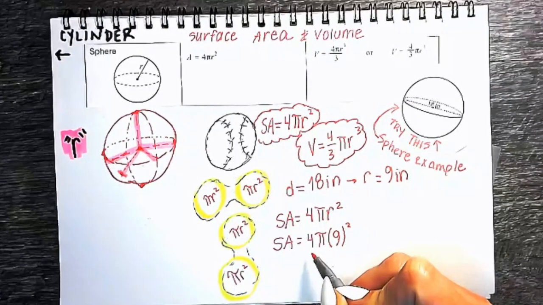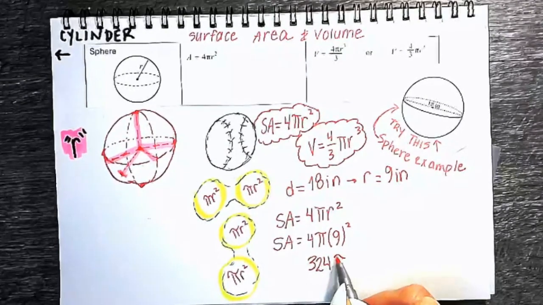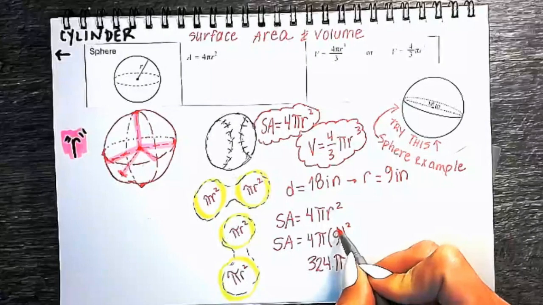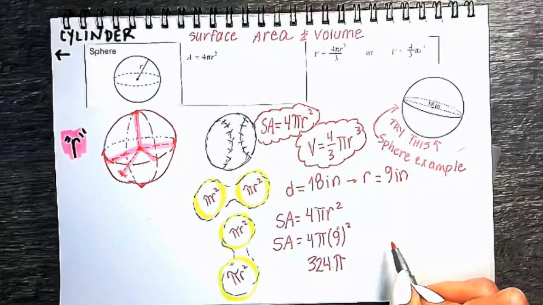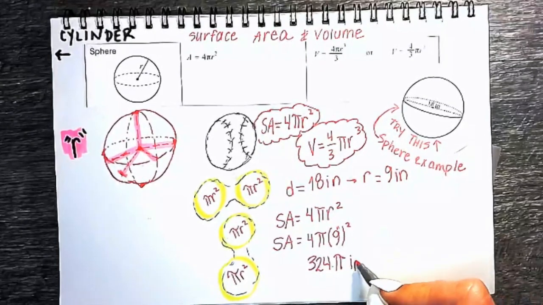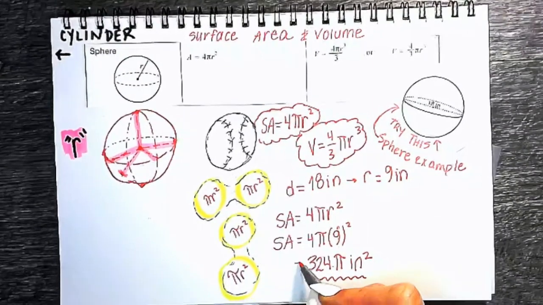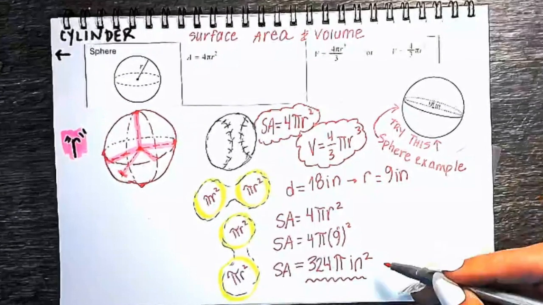Times another 2 is 324. So we get 324 pi. Now, 9 was actually 9 inches. 9 inches times 9 inches is 9 times 9, and inches times inches. What's inches times inches? Inches squared. So my exact surface area is 324 pi inches squared.